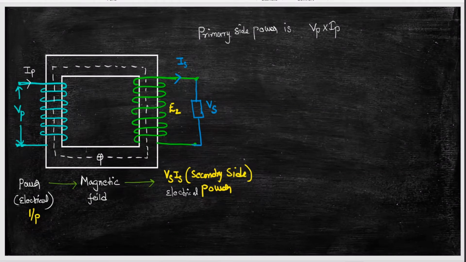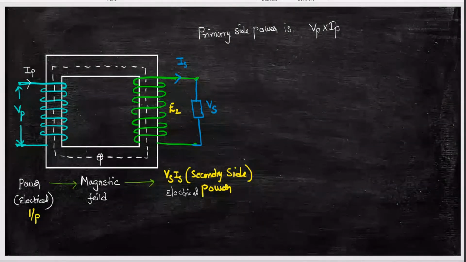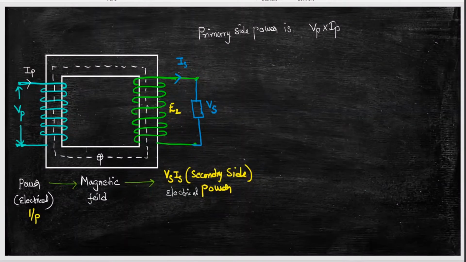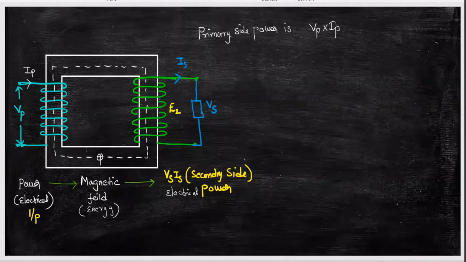So electrical power is converted into a magnetic field, and the magnetic field is again converted into electrical energy. Whether you consider it as power or energy, electrical energy is converted into magnetic, and magnetic is again converted into electrical.